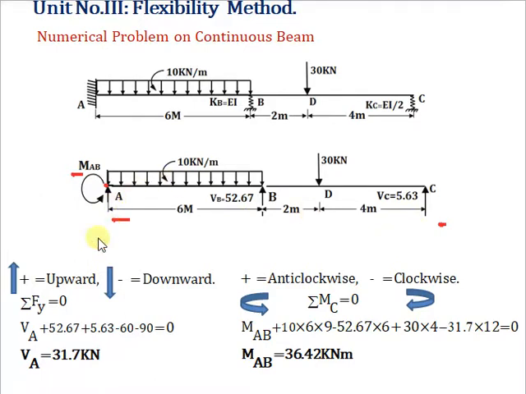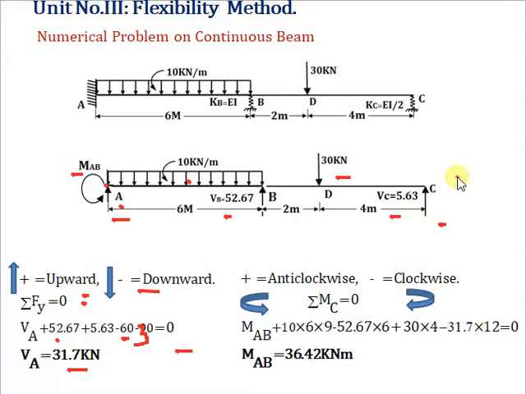Now find the vertical reaction at A, considering summation Fy is equal to 0, plus upward minus downward. So plus VA plus 52.67 plus 5.63 minus 60 for the UDL and minus 30 for the point load is equal to 0. So we have VA is equal to 31.7 kilonewton.